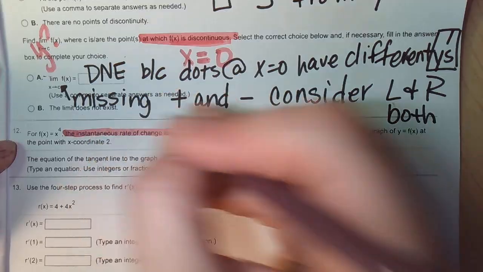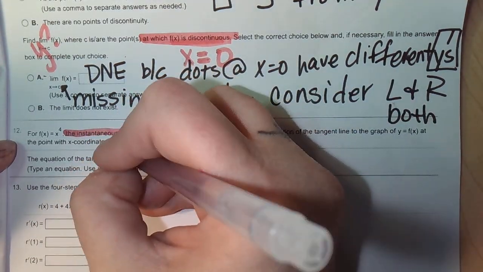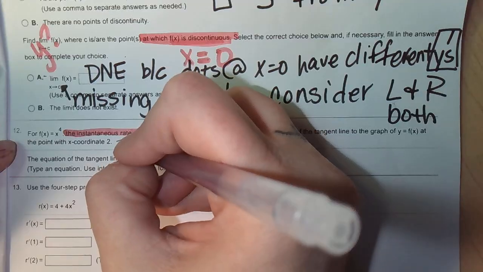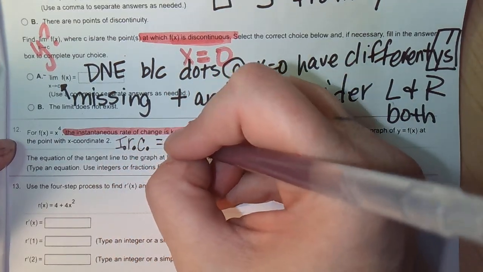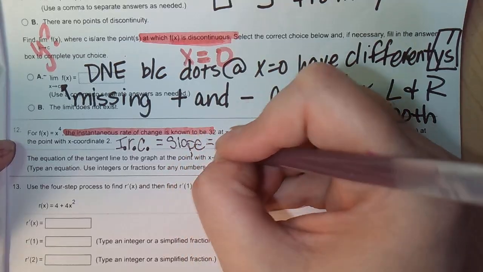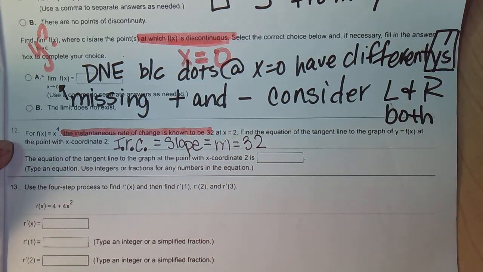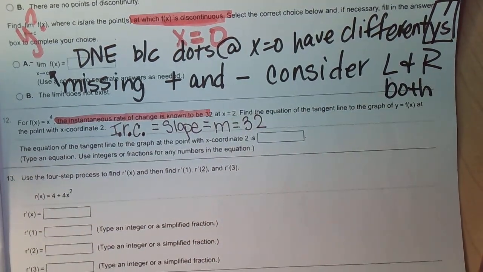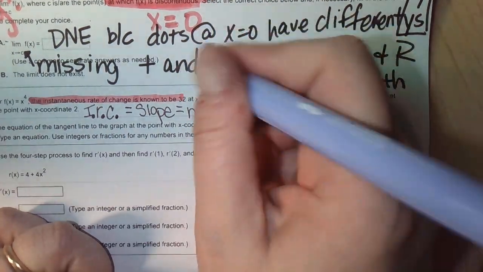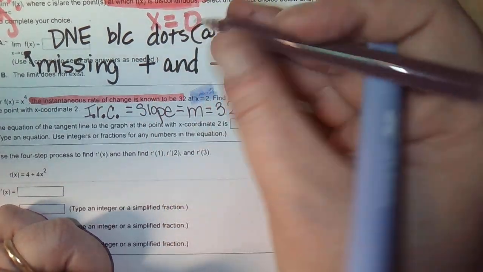So the instantaneous rate of change is the letter m, or our slope. And they just told us it was 32. Okay. Then we're told that x equals 2. Okay, that's another important piece of information.